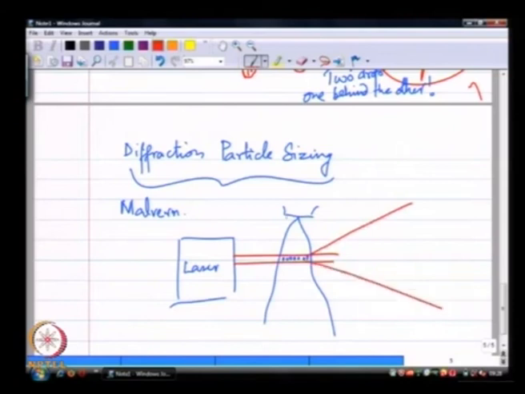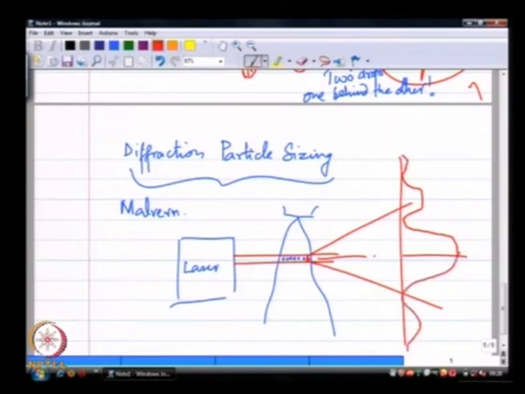If I take this particular drop, it creates a pattern where the light intensity versus radius takes on a pattern that looks like this.